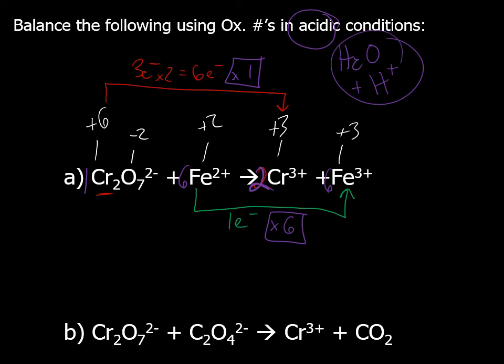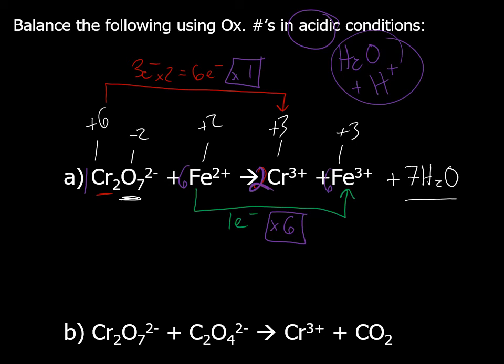What I then want to do is add in some water. There's 7 oxygens on the left-hand side, so I'm going to add in 7 waters on the right-hand side in order to get those oxygens to balance. So now my oxygens are good. But the problem is when I add these 7 waters, they contain 14 hydrogens.